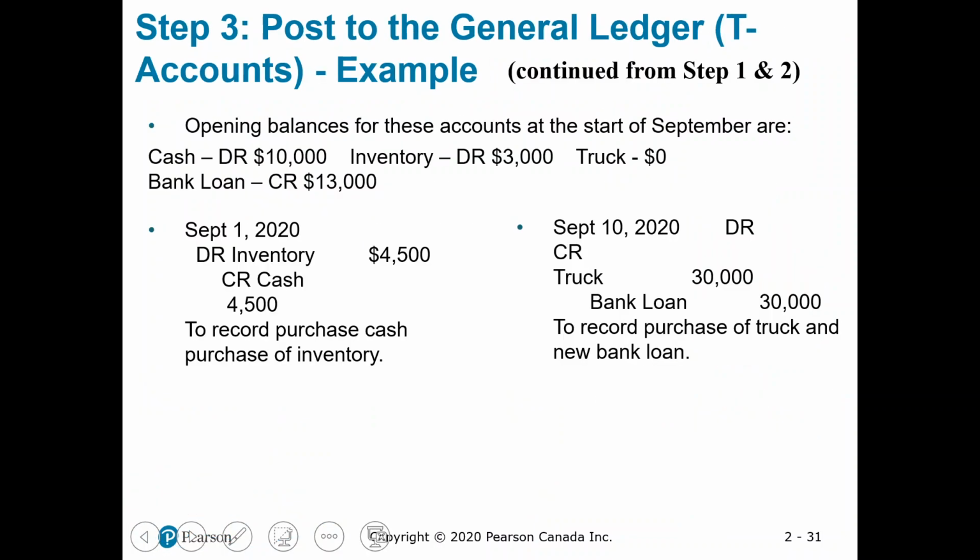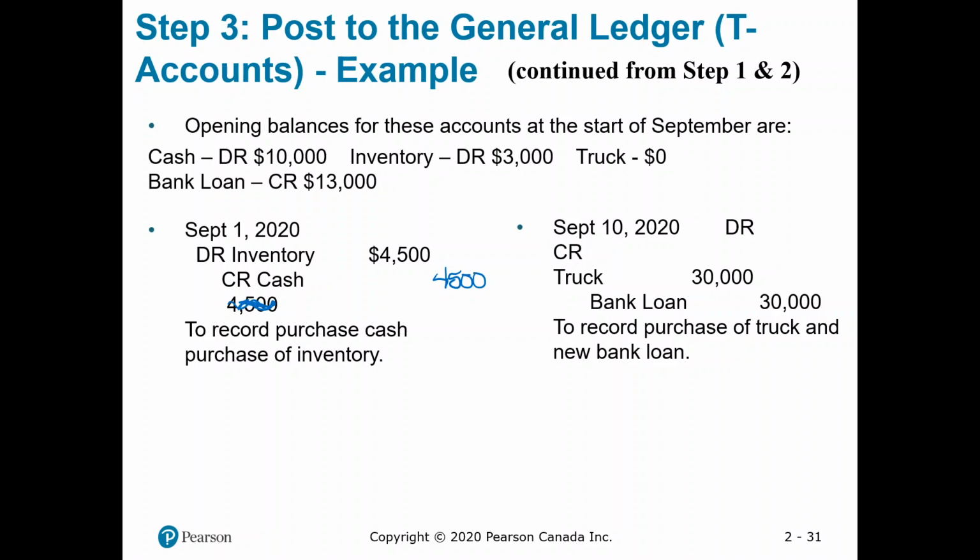So we now can keep continuing the examples we've been looking at. So in our first entry, well, this is just poor spacing. I'll just move this over here quick. So we bought inventory with cash.